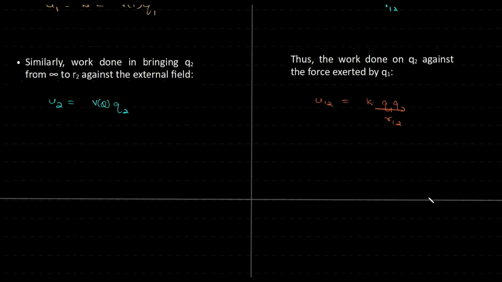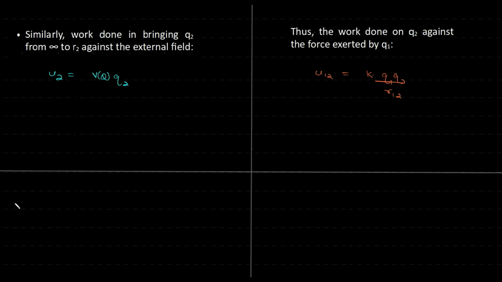And finally, what should we end up with? So by principle of conservation of energy, all the energy that we have spent, the total potential energy in the system, let me write that off.